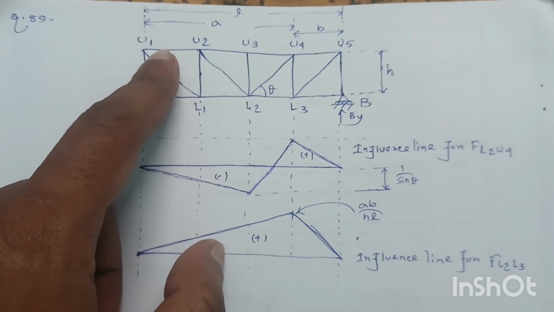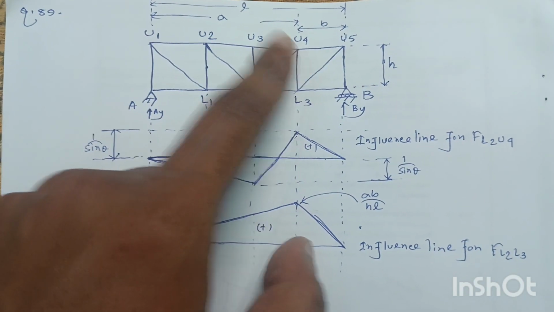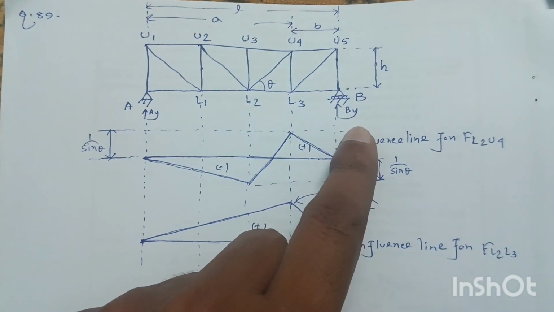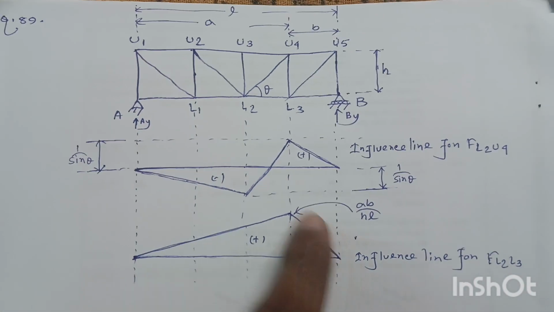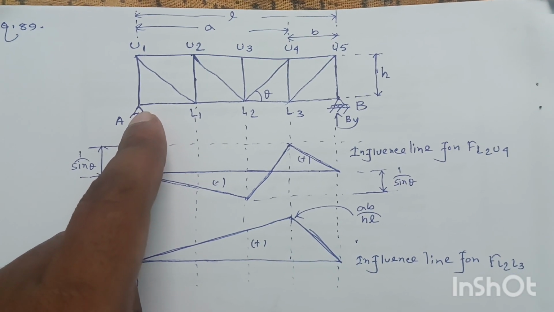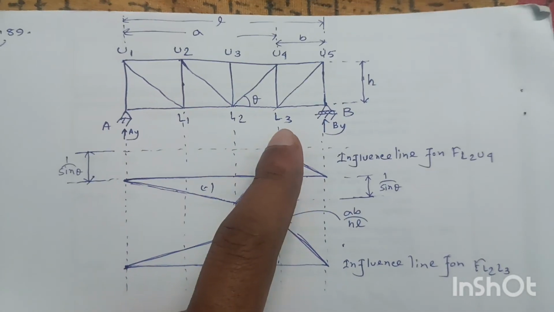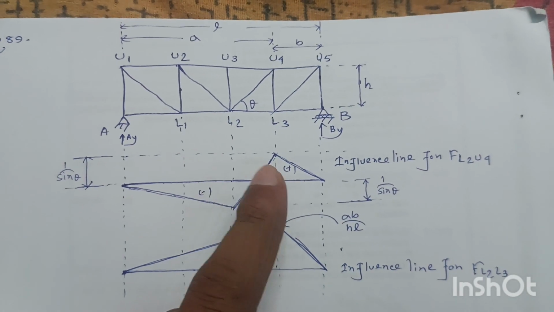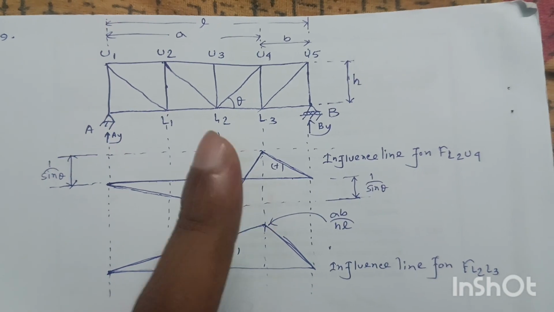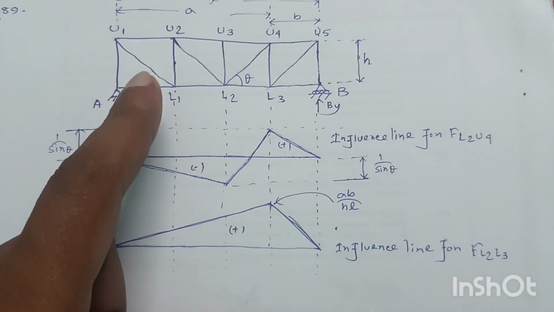Total length of the truss is L, and up to this point U4, from U1 to U4 the length is A, and from U4 to U5 the length is B, and the height of the truss is H. The truss is hinged at end A and roller supported at end B. To draw the influence line for a specific member, we find the axial force in that member every time the unit or moving load visits a joint.